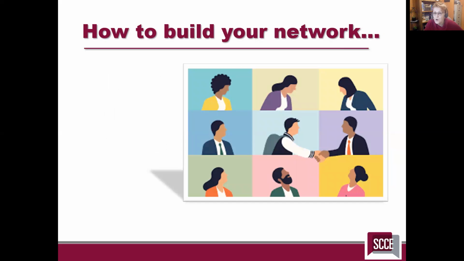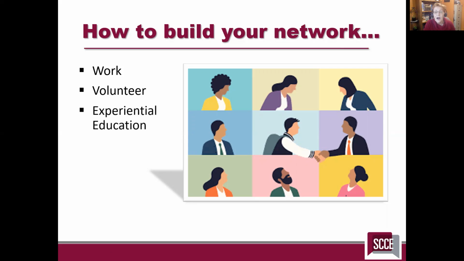So how do you go about building your network? There are so many places where you are going to meet people, talk with people, have conversations. So for instance, there's work. Many of you work to afford your degree. Many of you have volunteer experiences. Experiential education opportunities.